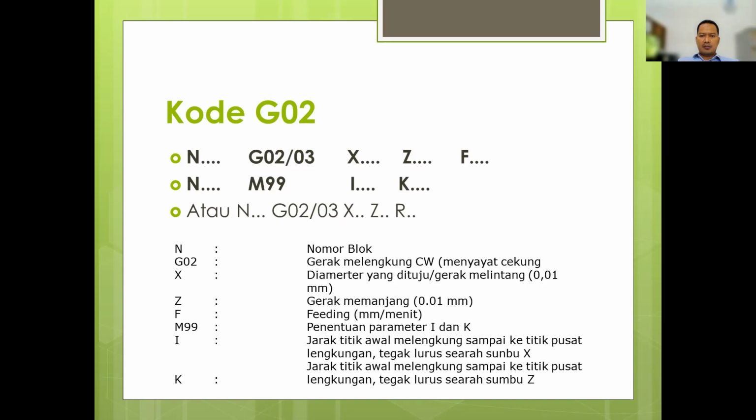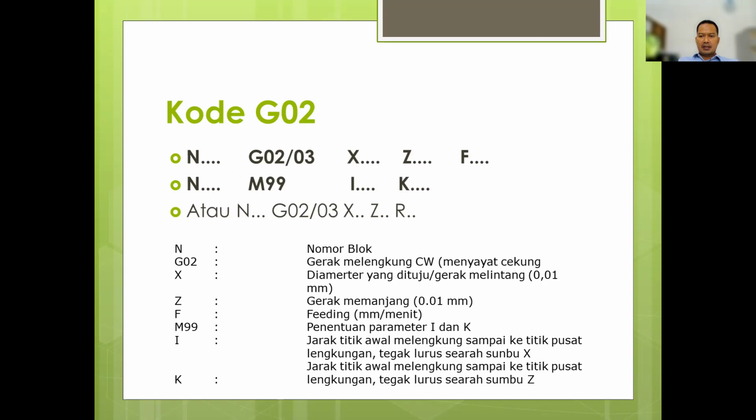For another format, you can use N and then G02 or G03, X, Z, and R. Where N is a block number, and G02 is for radius with clockwise.